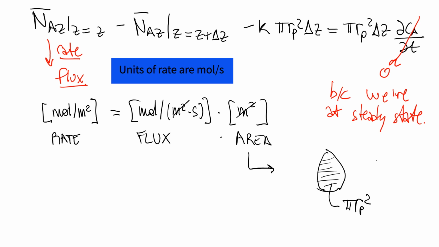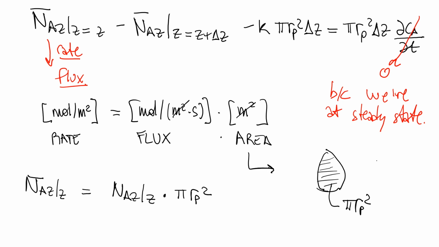So what we can do is we say NAz at z rate equals the flux NAz at z. So again, the flux has no bar on top of it, times the area, which is pi Rp squared. Okay, so let's do that and combine every single step.